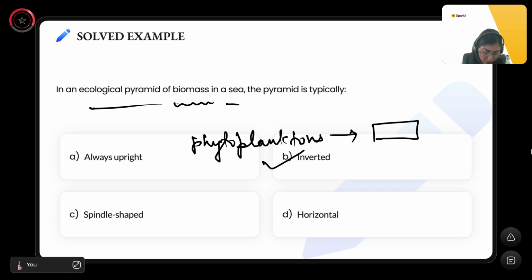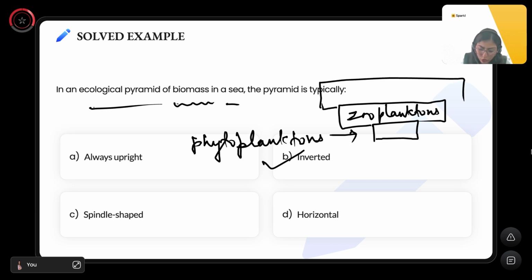However, they reproduce and turn over very quickly to support a much larger biomass of zooplanktons, which feed upon the phytoplanktons, and smaller fishes. Then you have smaller fishes consuming zooplanktons, and so on and so forth. You have larger predatory fishes. So this results in an inverted pyramid of biomass in case of aquatic ecosystem.